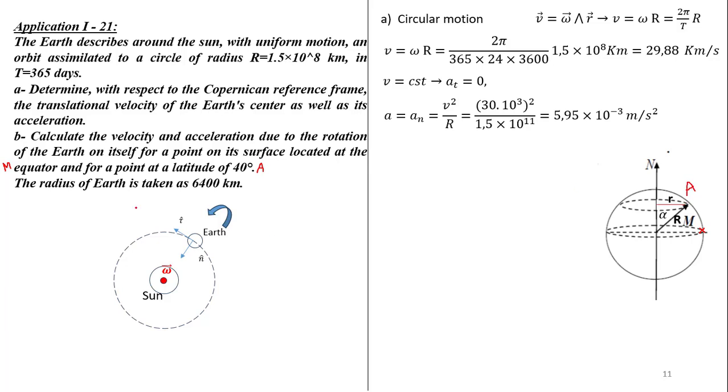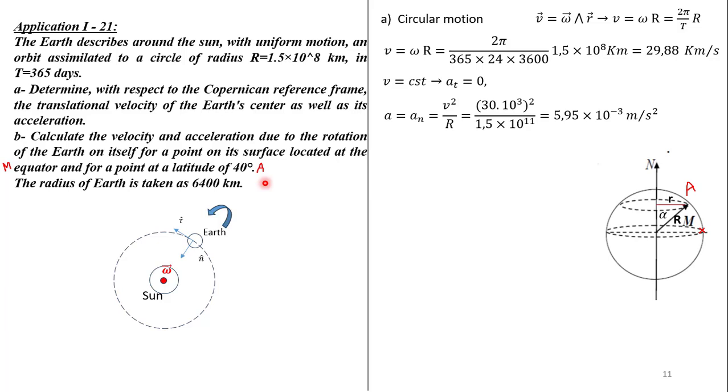The radius of Earth is taken in this exercise as 6,400 kilometers. We need then to find V_M, a_M, and V_A, a_A.